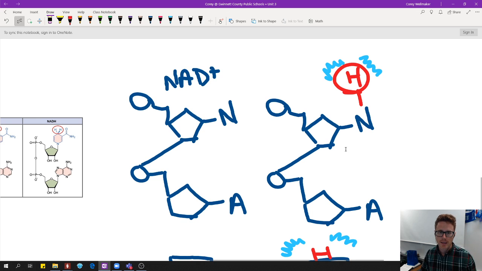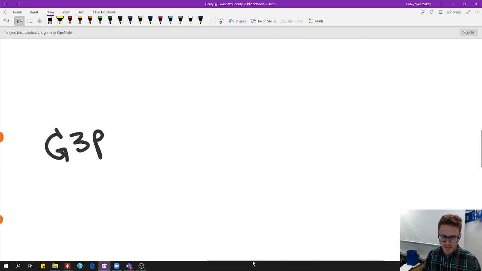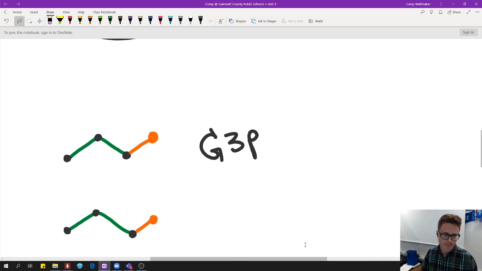I think of NAD as like a bucket. NAD+ is like an empty bucket. NADH is when the bucket scoops high energy electrons off of G3P and a hydrogen follows. We say that it's been reduced because it's gained those electrons. And so what that looks like is something like this.